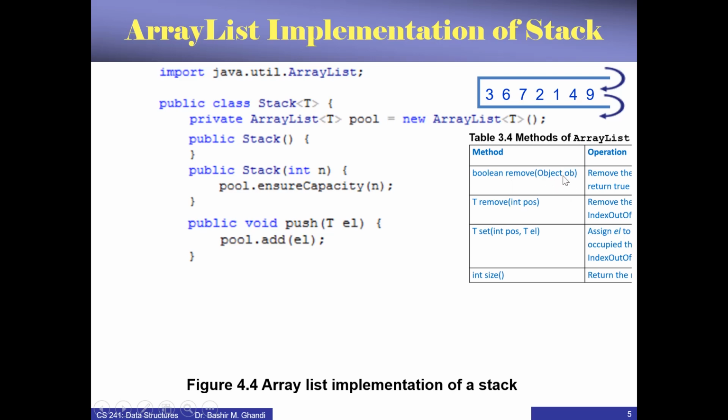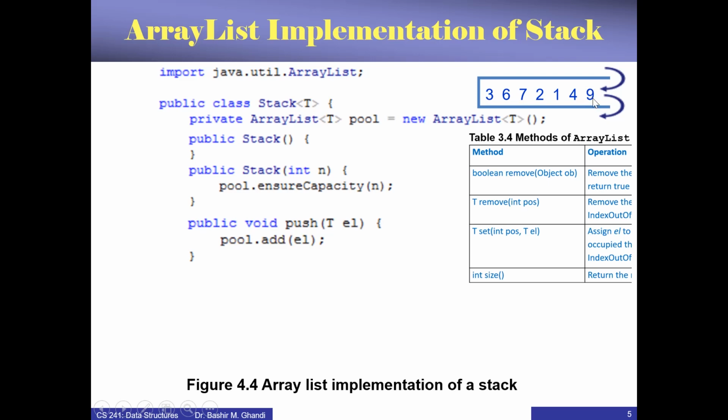One remove will take an object and remove it. Obviously, we don't need that because we're not going to allow an element to be removed arbitrarily. Only the last element should be removed. So it means this is the one we need, remove at a given position. But the question is, what is the position of the last element?